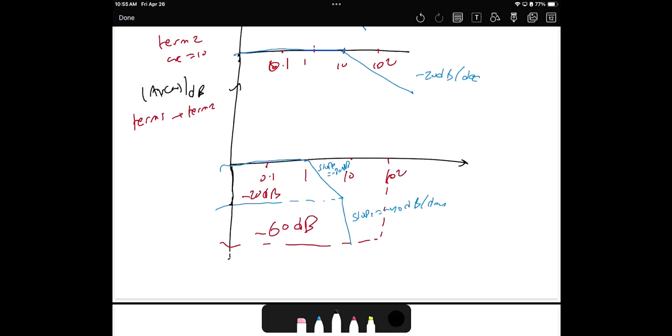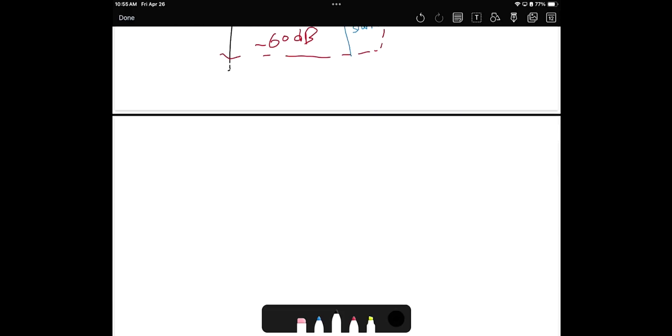Now the last thing, which is the phase. How to plot the phase. Term 1. Basically, the first term is at omega c equal 1. At 0.1 omega c, the phase is 0. At omega c it will be negative 45, and at 10 omega c it will be negative 90 degrees.